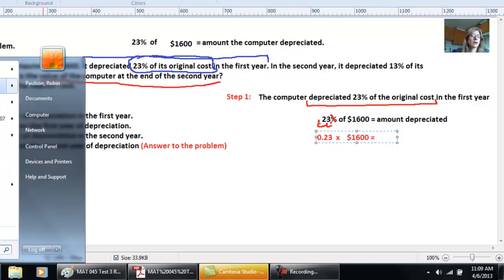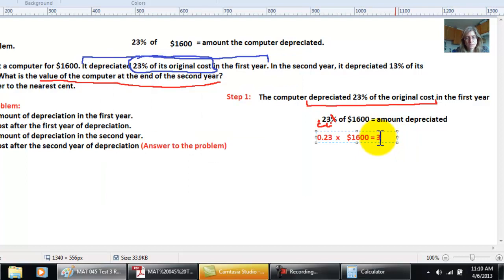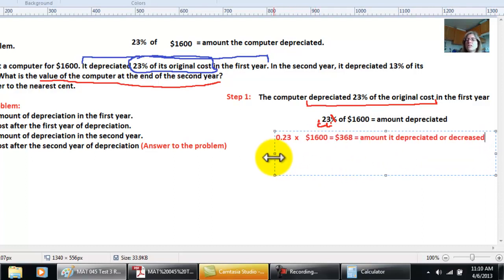So on the calculator, 0.23 times 1,600 equals 368. So that's the amount that it decreased or depreciated. Let's give that a label. That's not the new price of the computer, $368. That is just the amount it decreased.